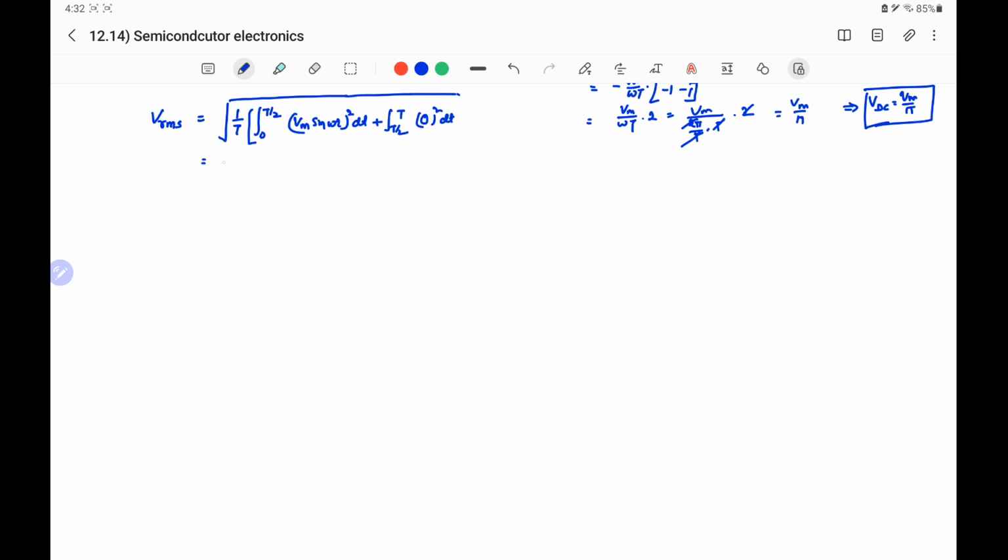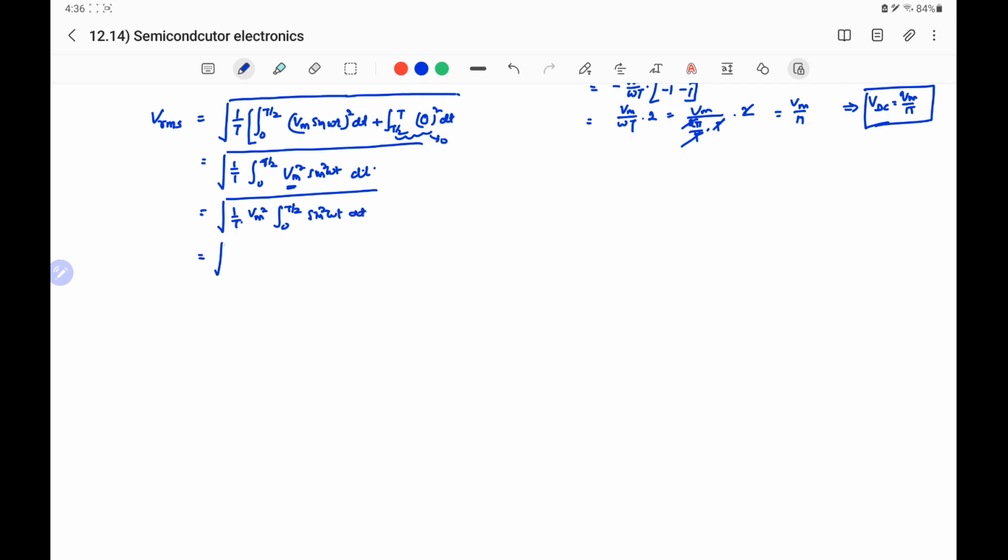This will be equal to the square root of 1 by T integral 0 to T by 2 Vm square sine square omega t, and this term is 0, so the remaining is dt. This will be equal to the square root of 1 by T. Vm square is constant, so it is taken out, and the remaining is 0 to T by 2 sine square omega t dt.